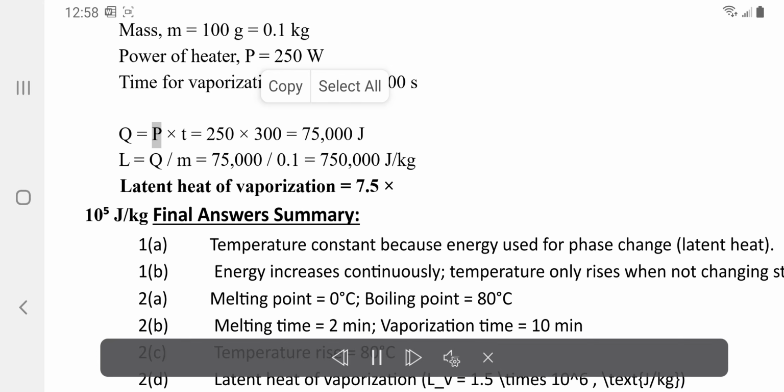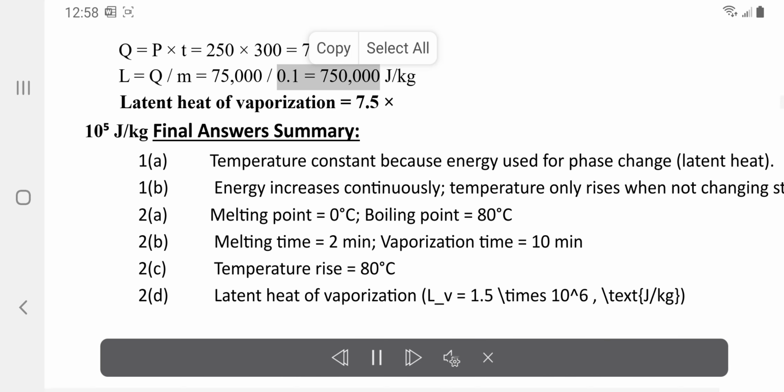Q equals P times t equals 250 times 300 equals 75,000 J. L equals Q / m equals 75,000 / 0.1 equals 750,000 J/kg. Latent heat of vaporization equals 7.5 times 10^5 J/kg.